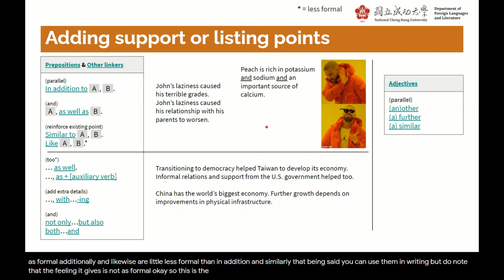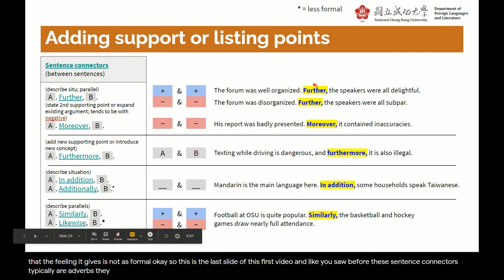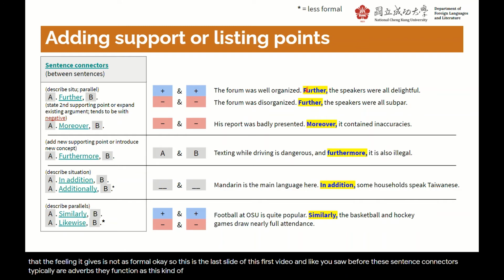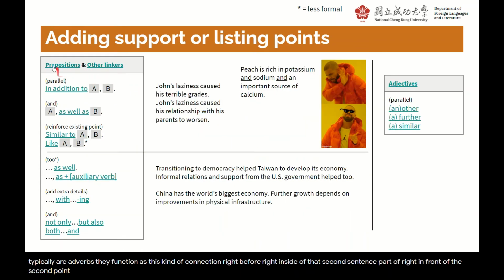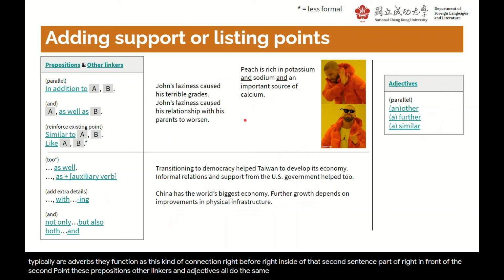This is the last slide of this first video, and like you saw before, these sentence connectors typically are adverbs. They function as a connection right inside that second sentence, right in front of the second point. These prepositions, other linkers, and adjectives all do the same job of connecting your points, but in a different capacity in the sentence.